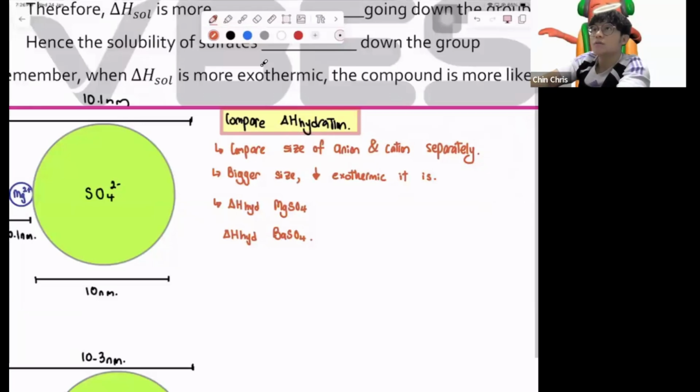Enthalpy change of hydration of MgSO4. Why is it less exothermic? Because when it's bigger, the charge is lesser. When it's bigger, the charge density is lower, understand?